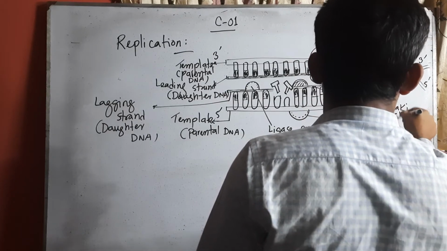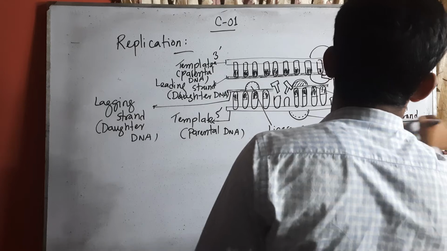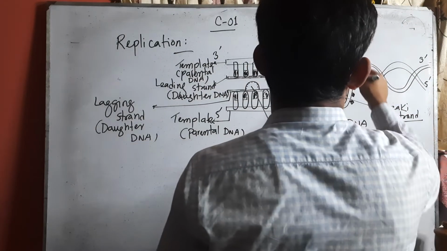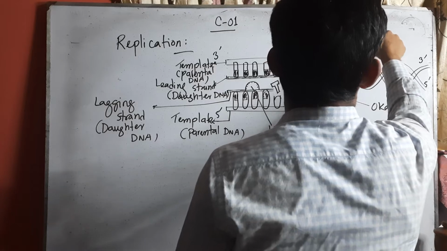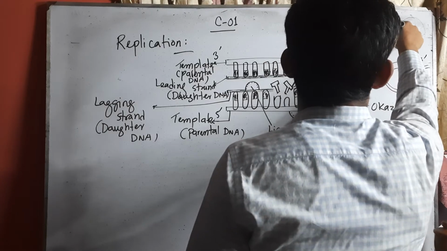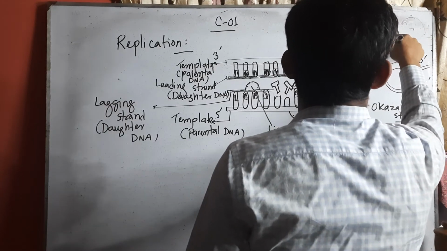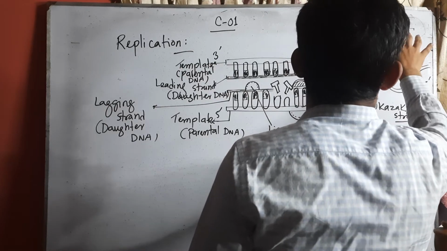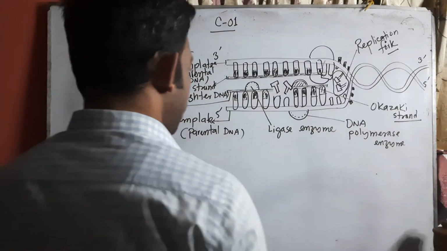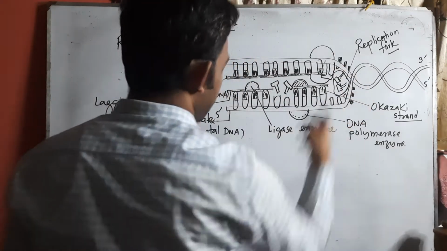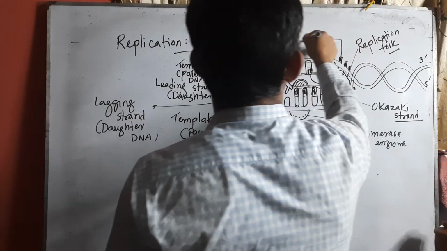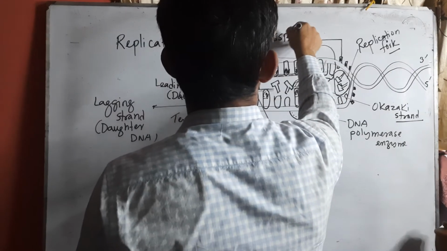strand, or part or segment you can write. Okay, these are called the replication fork. These are called the replication fork, and you can see both parts are the SSBP.